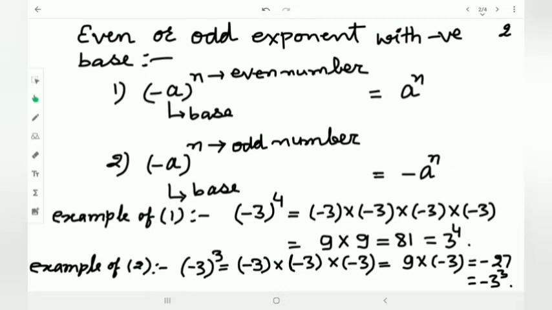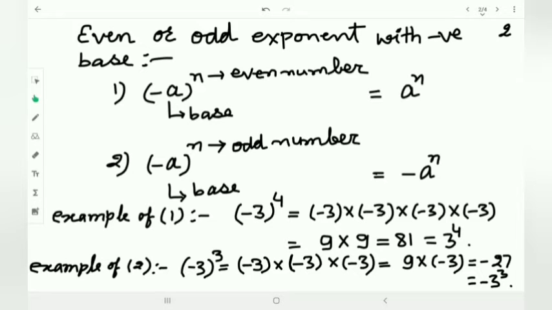So you can see here I have multiplied the first 2 minus 3 and I have got 9, and I have multiplied the last 2 and got 9 again. Then I have multiplied 9 into 9, which is equal to 81, which is equal to 3 raised to the power 4.